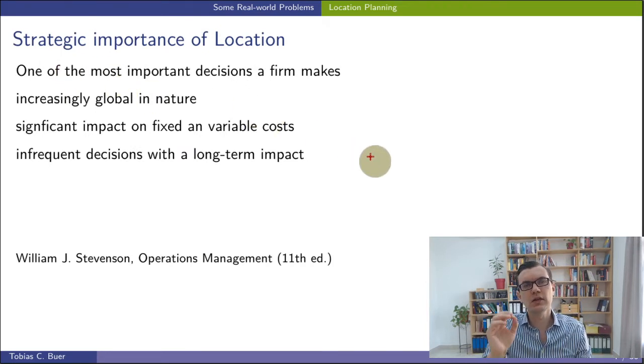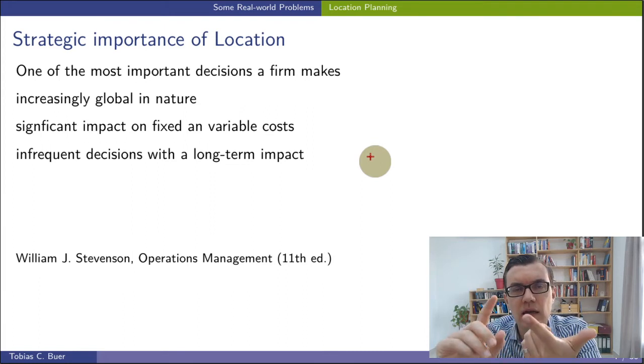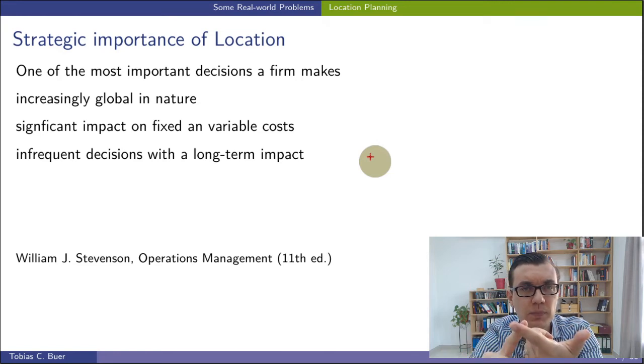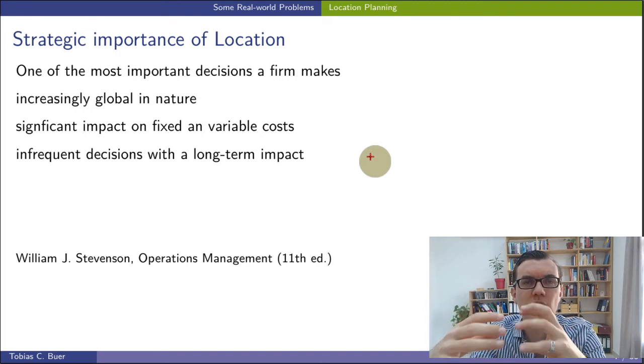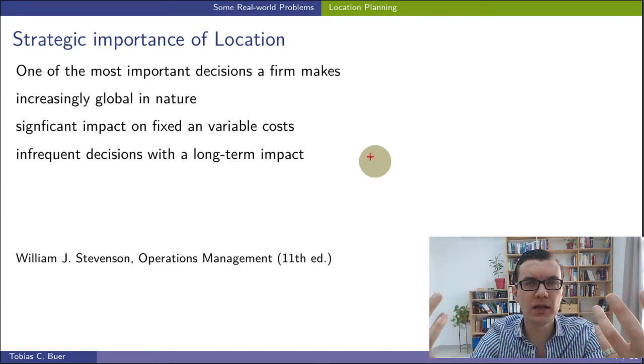The location decision is one of the most long-term decisions for most businesses, and it has a strategic importance. We cannot change it quickly. Location decisions for big businesses are not only local, we have to take into account the worldwide possibilities that are offered.